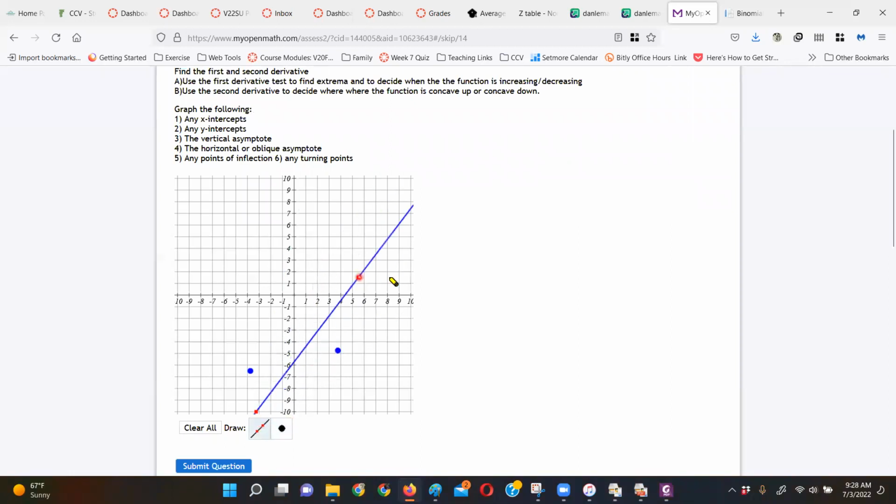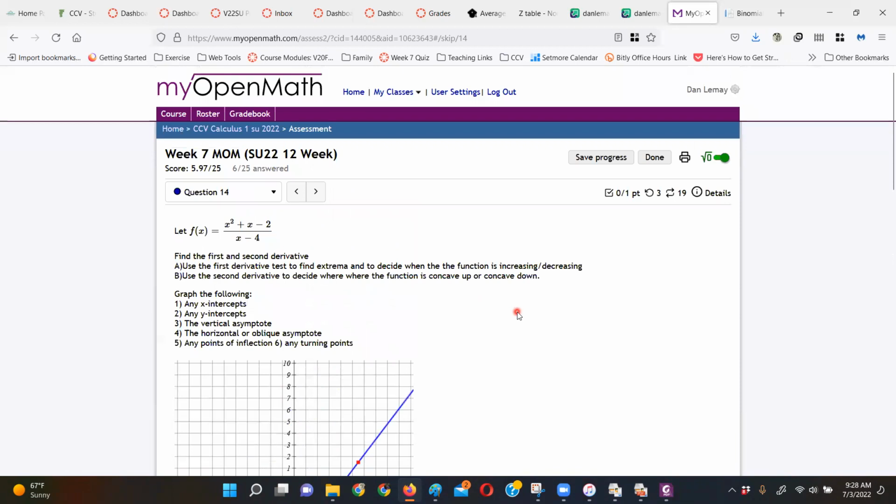No. All right. I'll go ahead and do this, so don't worry about doing the graphing on MyOpenMath for this, but I'll come through and do the math for this.